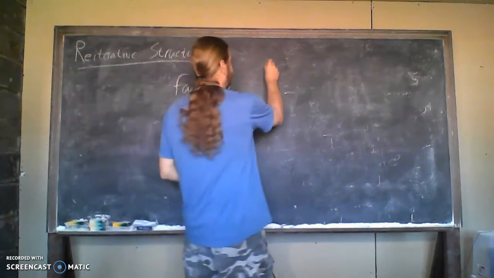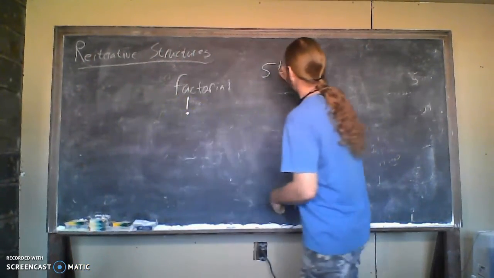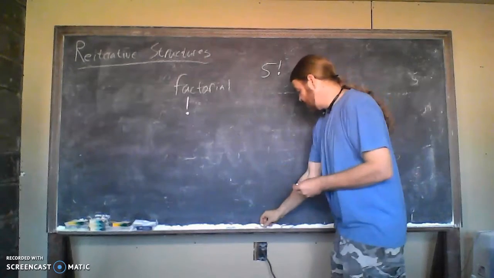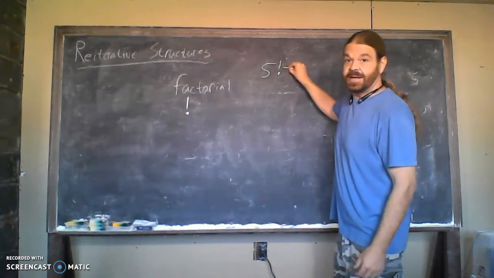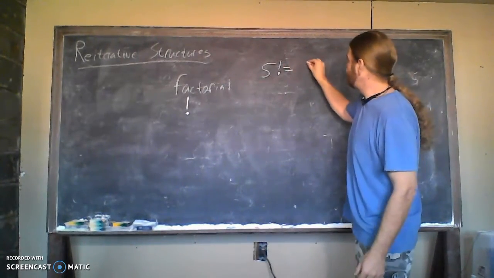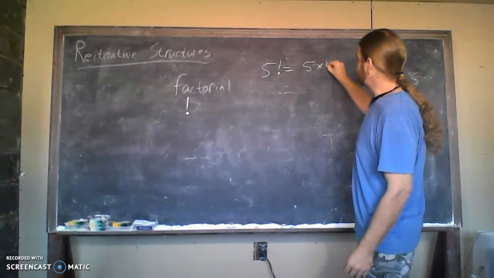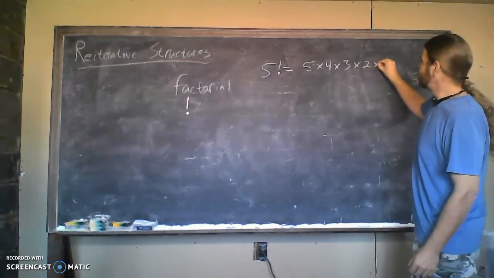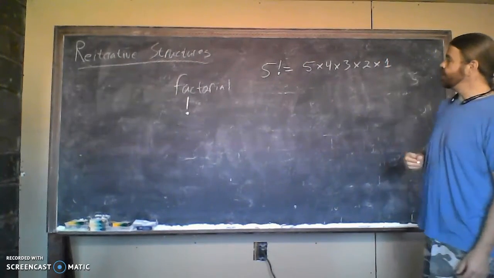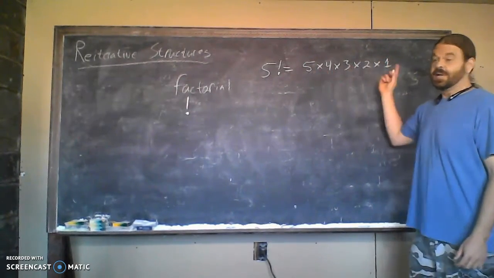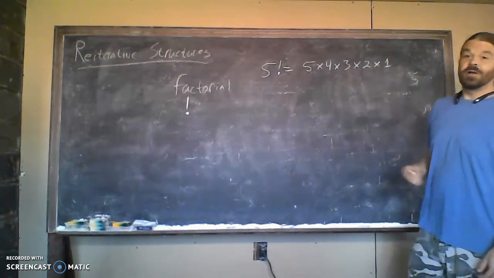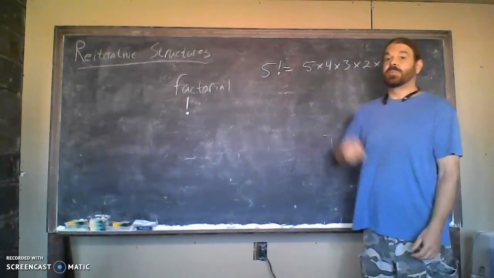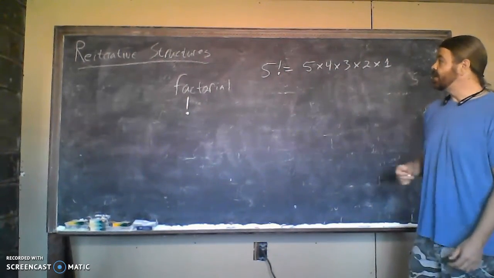So, for example, 5 factorial is the number that we get from 5 times 4 times 3 times 2 times 1. So all of the numbers leading up to the number multiplied together.